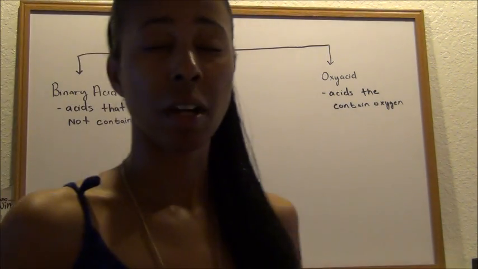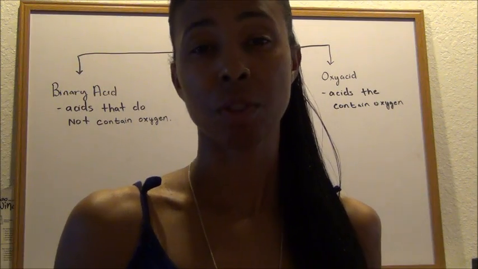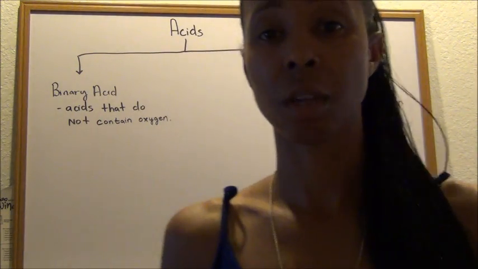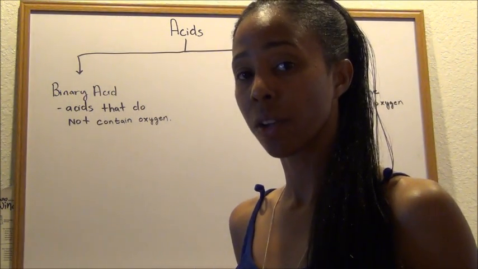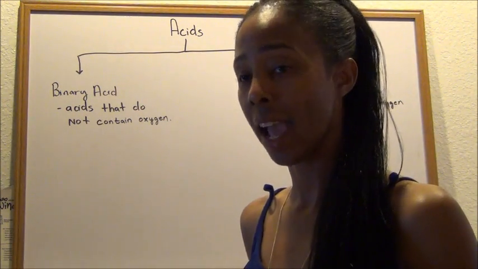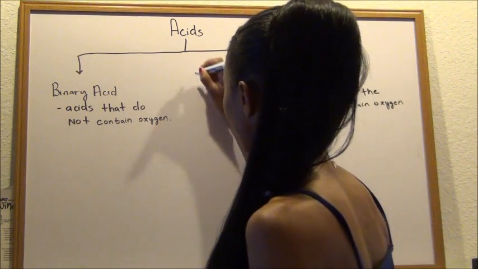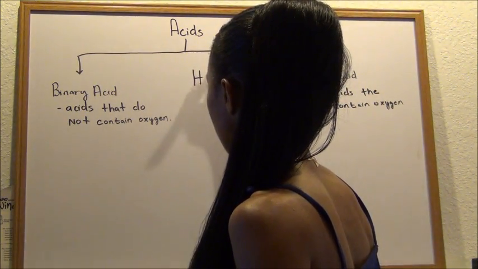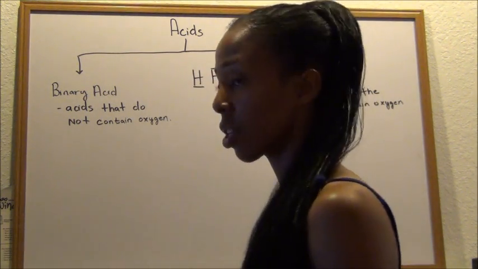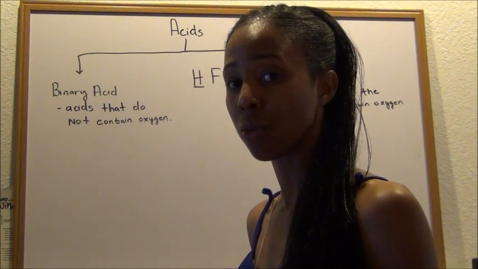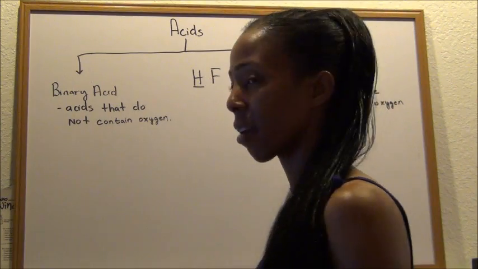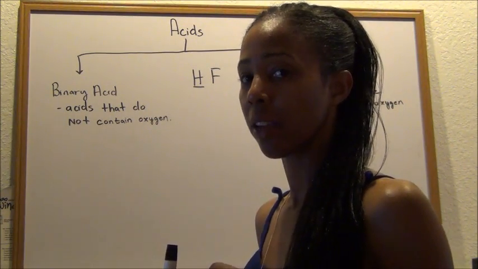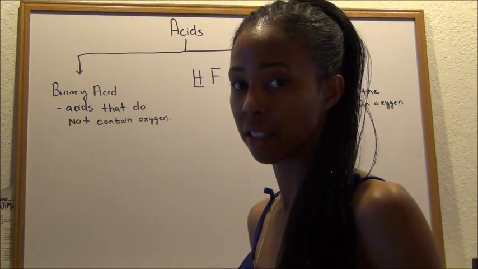For the purpose of General Chemistry 1 and Introduction to Chemistry, hydrogen is usually written first when you have an acid. So if I have an acid, that hydrogen or hydrogen ion is usually written out front. So that's kind of our indicator that this is an acid.